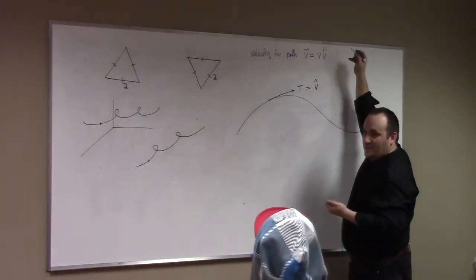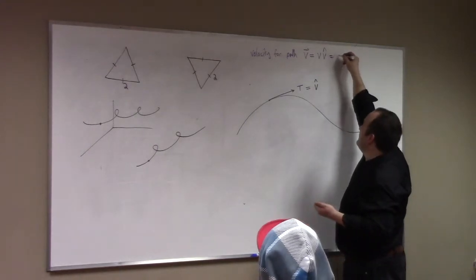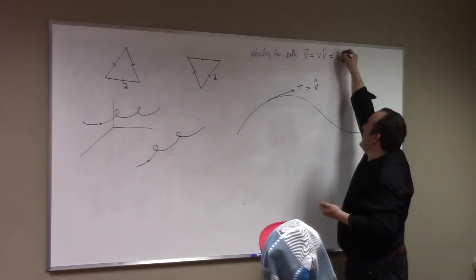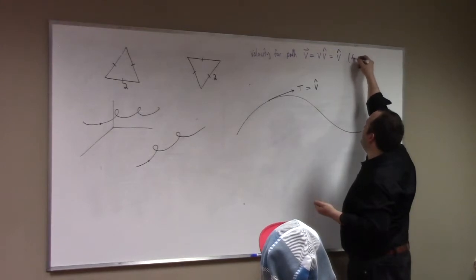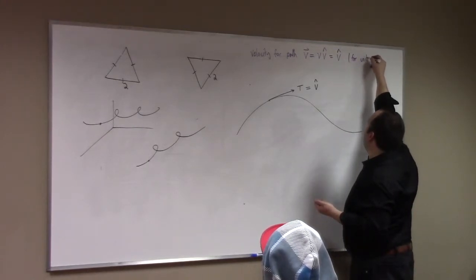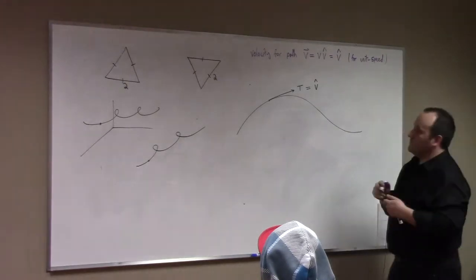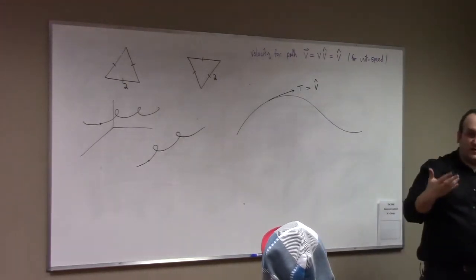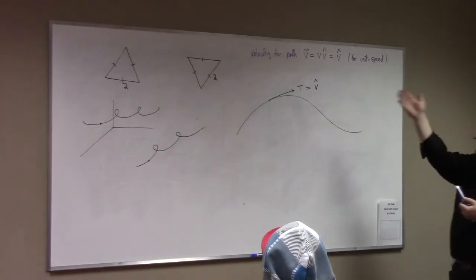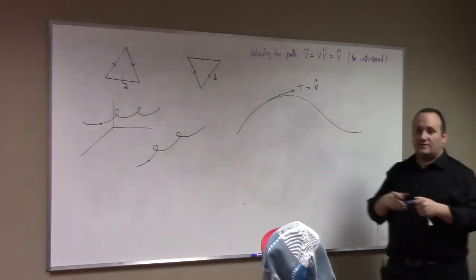But what is this if we're unit speed? It's just v hat, right, for unit speed. So for a unit speed curve, the unit tangent is just in the direction of the velocity, right?